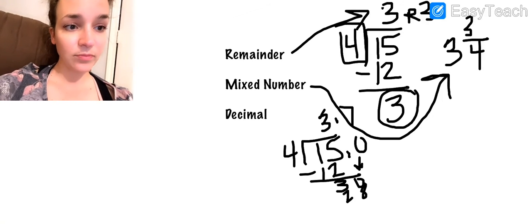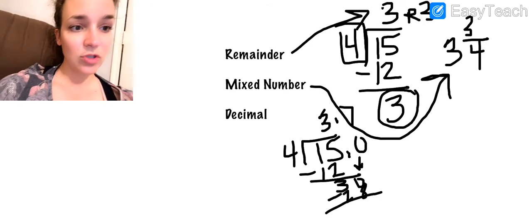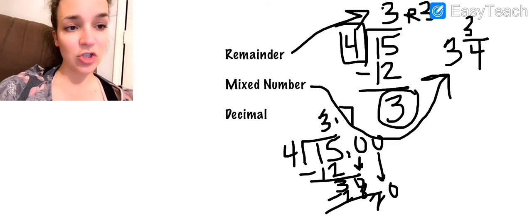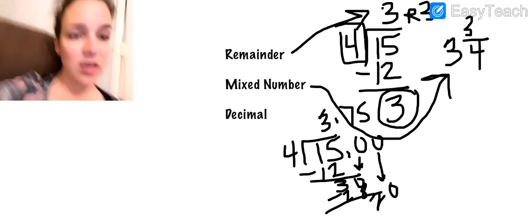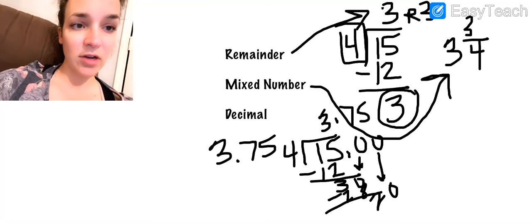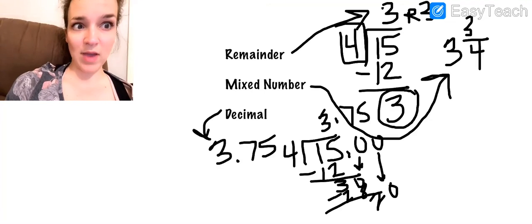We'll subtract that, and that will get 2. We can bring another 0 down, and 4 goes into 20 5 times. So that ends up being 3.75, sorry. And so that is going to be our decimal way.